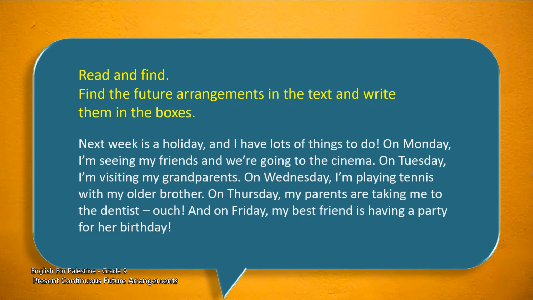On Tuesday, I'm visiting my grandparents. On Wednesday, I'm playing tennis with my older brother. On Thursday, my parents are taking me to the dentist. Ouch! And on Friday, my best friend is having a party for her birthday.